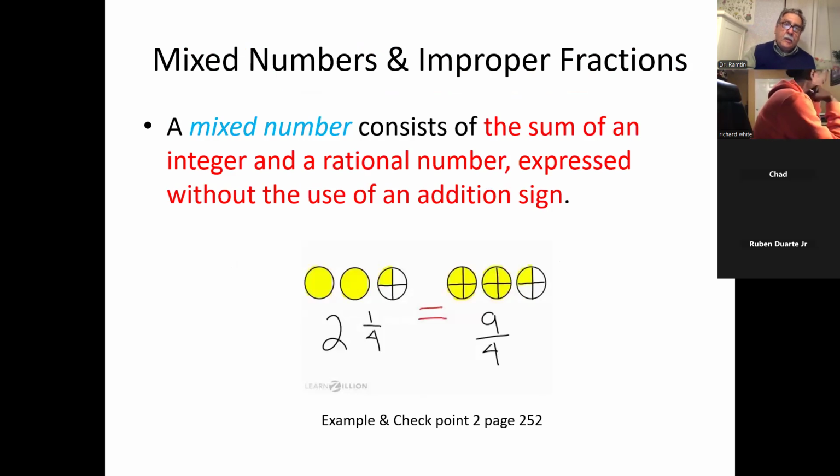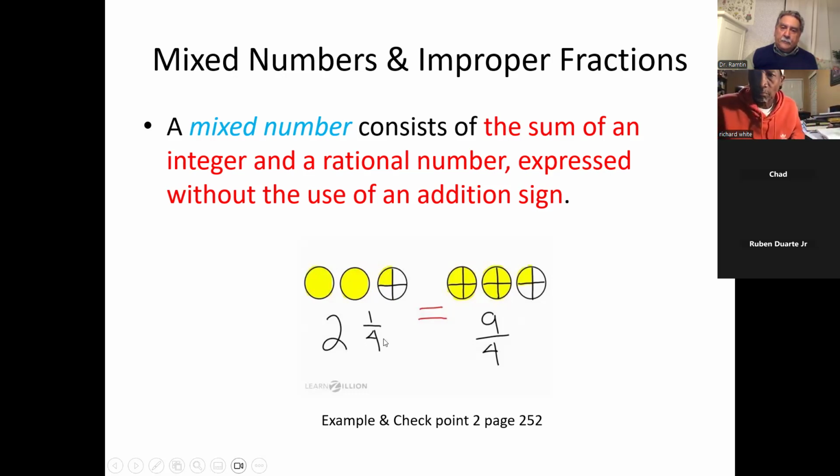For example, if I have 2 and 1/4, basically, if you want to visualize it, it's like 2 yellow circles and 1 circle, which only 1/4 of it is yellow. So you have 2 and 1/4.